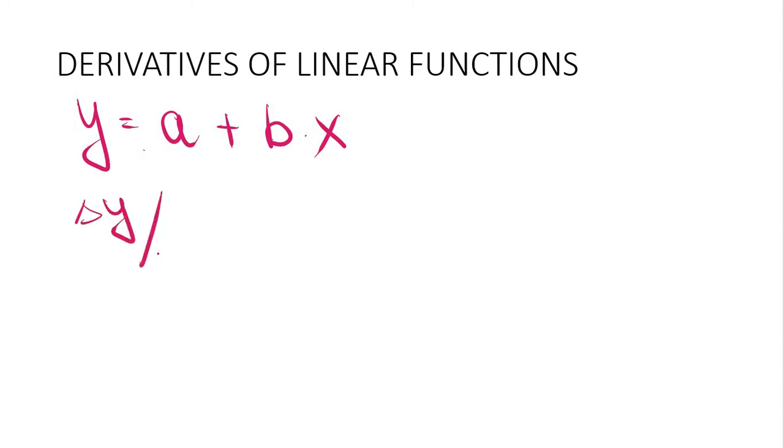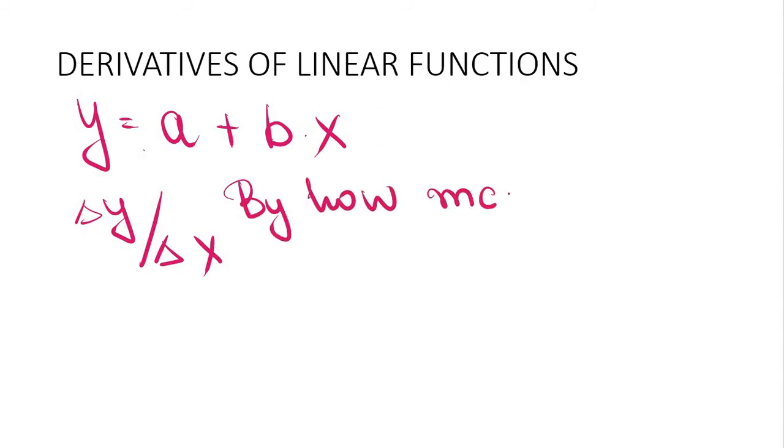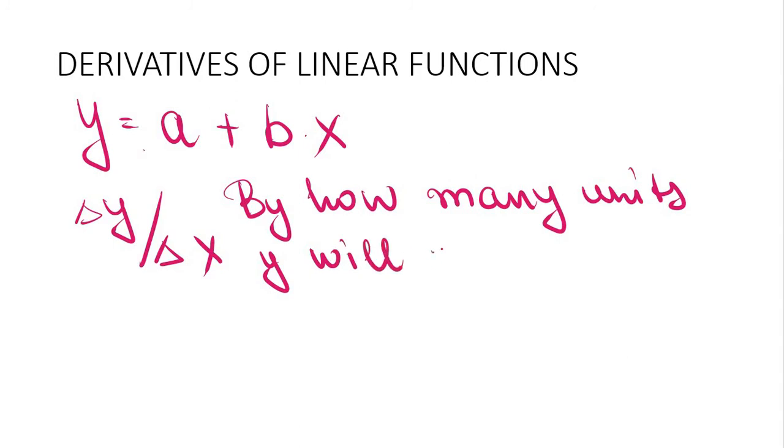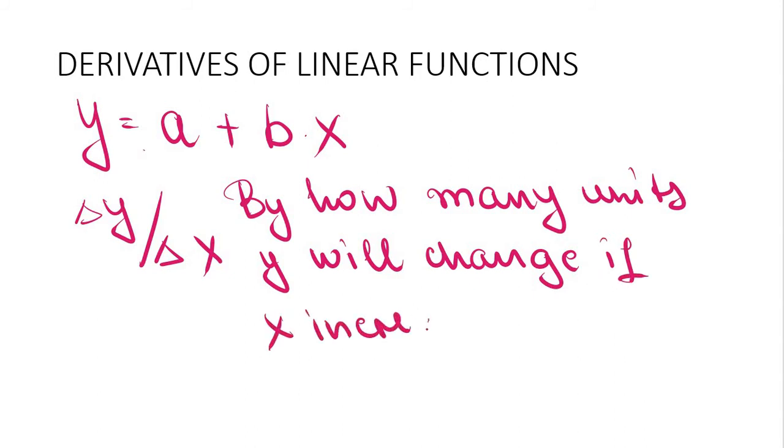When you have a linear function, y is equal to a plus b times x, the derivative of this function, delta y over delta x, tells you by how many units y will change if x increases by 1 unit.